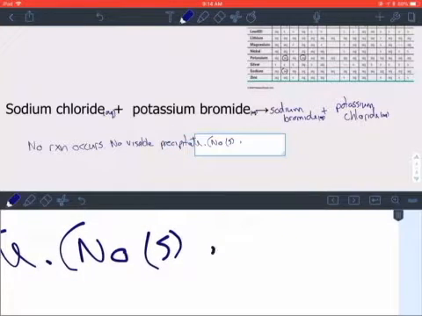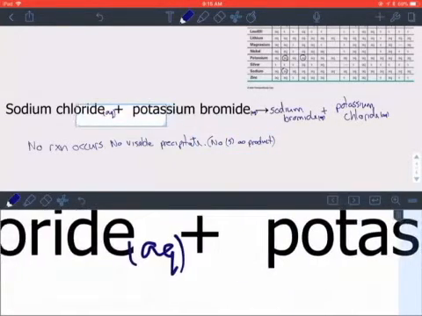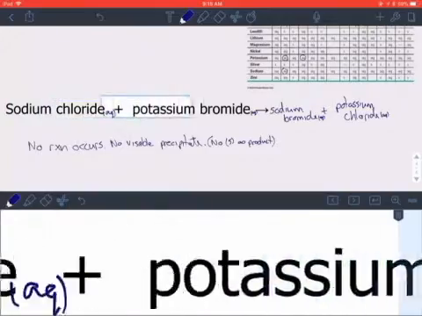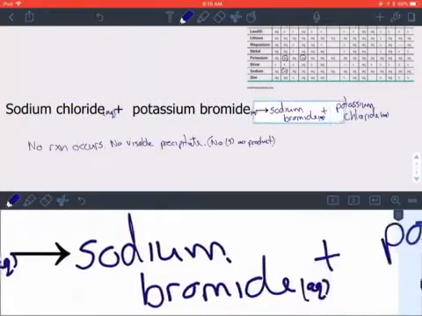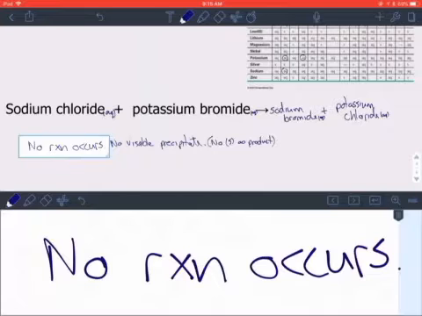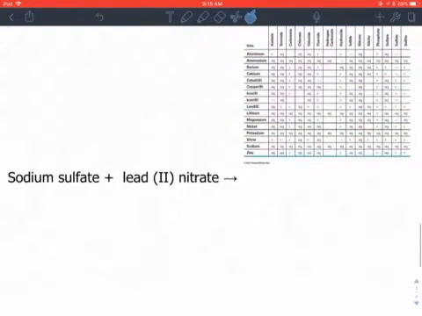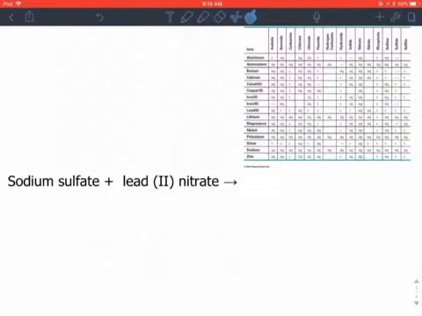No solids as the product. Okay? So, if we have all aqueous, aqueous, aqueous, aqueous, no reaction occurs. It is a failed double displacement reaction. Let's do one more example, and then I'll give you some homework.